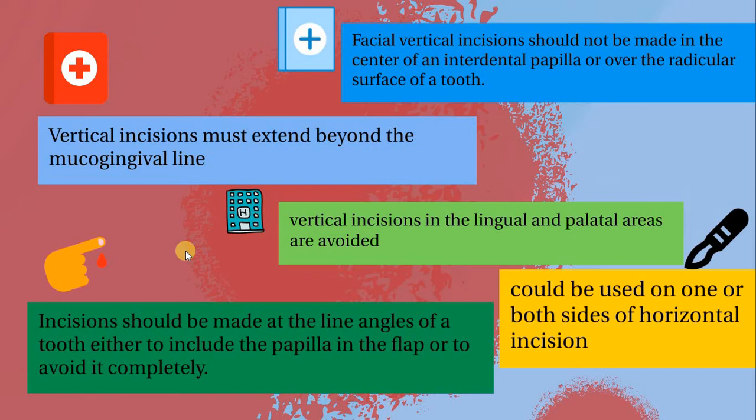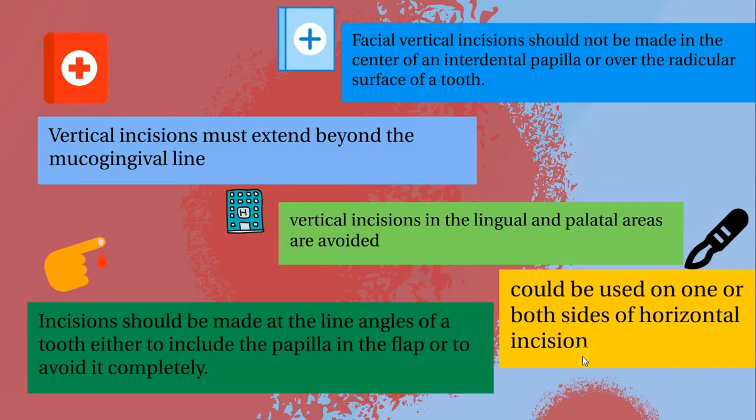Vertical incisions in the lingual and palatal areas, as I told you, are avoided. Incisions should be made at the line angles of a tooth, either to include the papilla in the flap or to avoid it completely. They could be used on one or both sides of the horizontal incision.